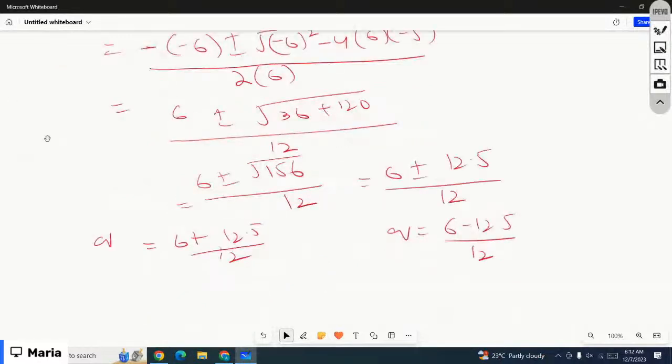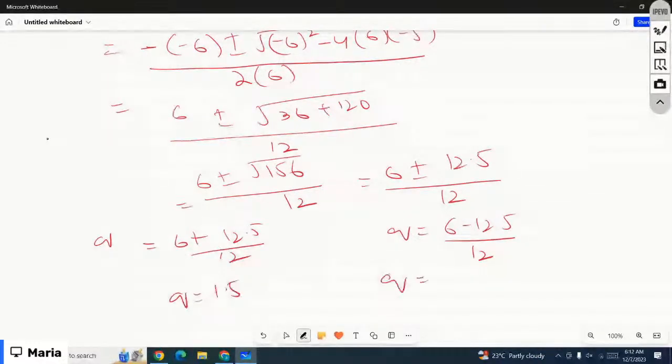So it is 6 plus 12.5, 18.5 divided by 12, that is 1.5.